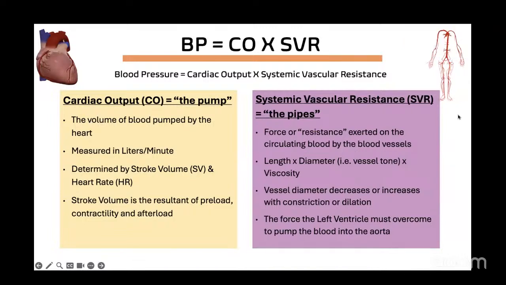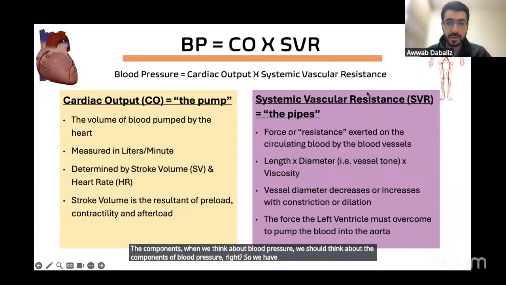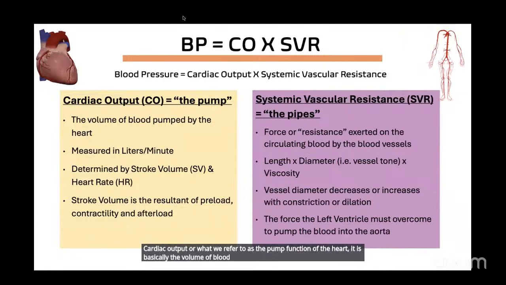So when we think about blood pressure, we should think about its components, right? We have our cardiac output and we have our systemic vascular resistance. Cardiac output, or what we refer to as the pump function of the heart, is basically the volume of blood that is pumped by the heart over a period of time.